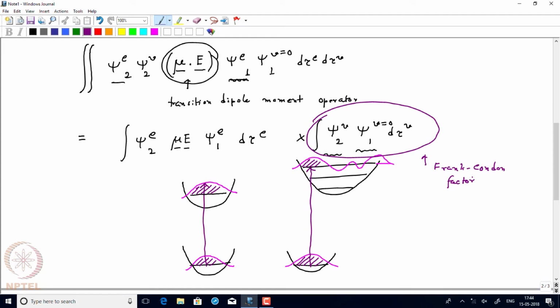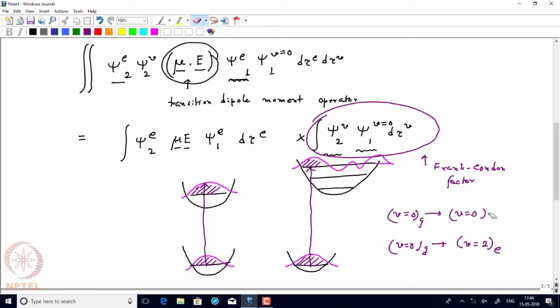So in order to have a maximum vibrational overlap, the transition will be maximum not for v equal to 0 in the ground state to v equal to 0 in the excited state, but it will be maximum for say v equal to 0 in the ground state to some v equal to, I do not know, the way I have drawn it is v equal to 2 in the excited state.